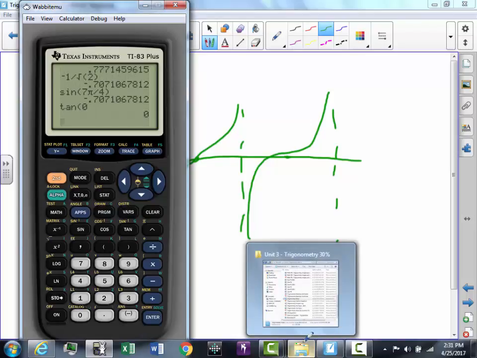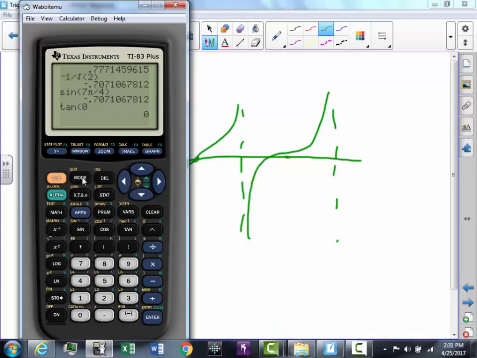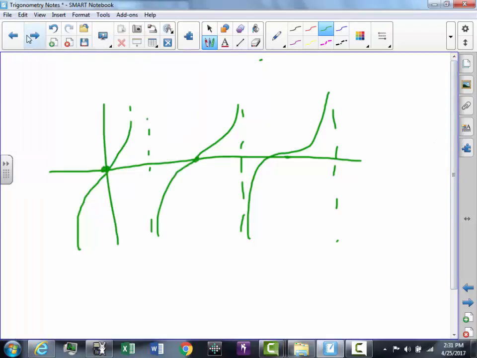But if you go over to this section right here, tan of 90, it would be 1 divided by 0. You can't do 1 divided by 0, which explains why when you do tan of 90, or in our example here, tan of pi over 2, the calculator is going to give you an error because there's an asymptote there. So let's talk about some of the properties of this graph now.